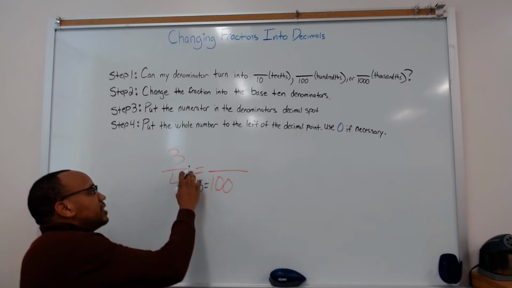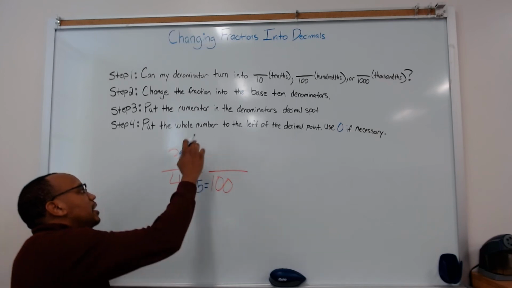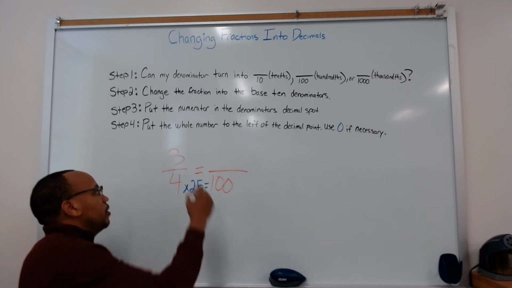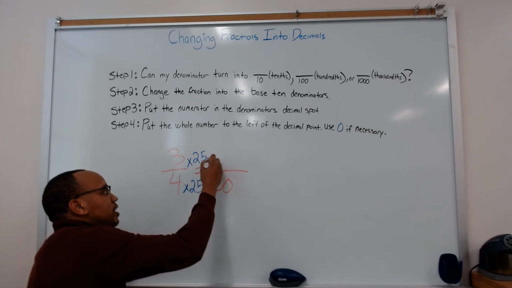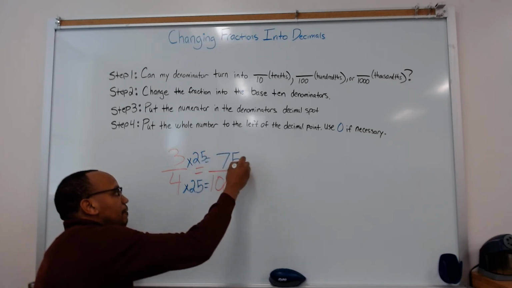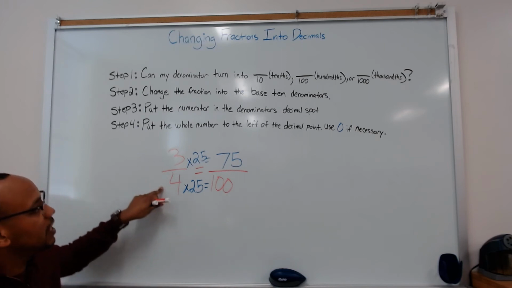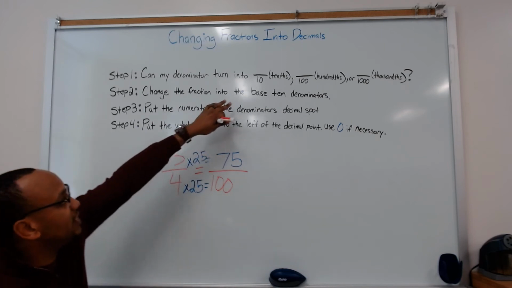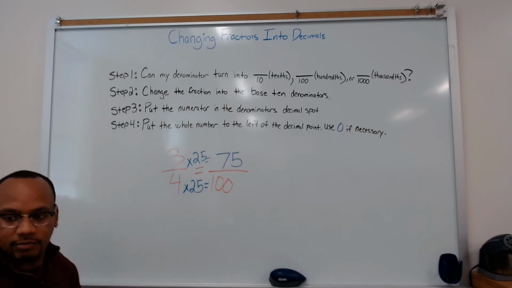To keep this equal, I have to do the same thing at the bottom to the top number as well. So 3 times 25 is equal to 75, which means 3/4 is equivalent to the base 10 denominator fraction, 75 over 100.